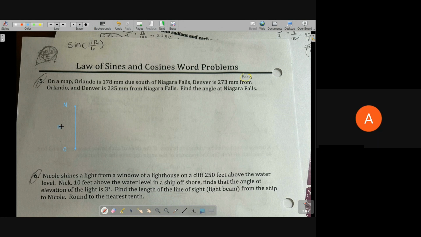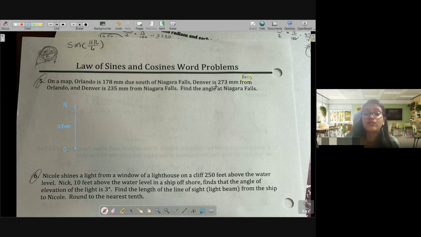And then there is Denver, which is 273 millimeters from Orlando. And Denver is 235 millimeters from Niagara Falls, so it would be somewhere here or here, it doesn't matter. Let's say here you have Denver.